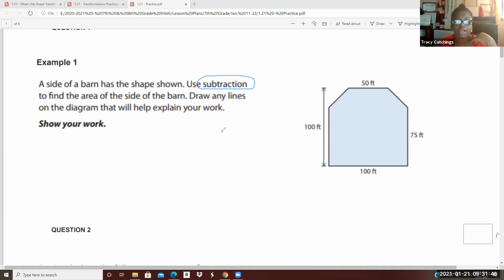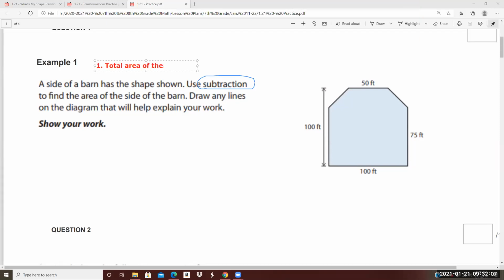So today we're going to look at it. Not only can we add to find the area of composite figures, but we can also subtract. I'm going to type something in, so if you need to write it down, you may want to do so. In order to do so with subtraction, we will first find the total area of the shape.